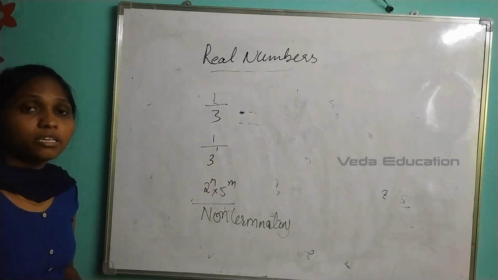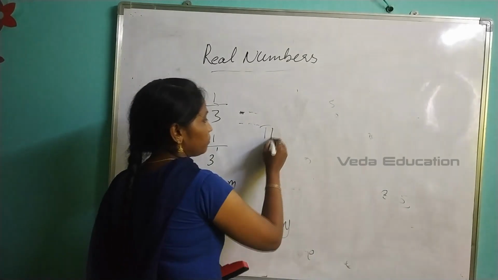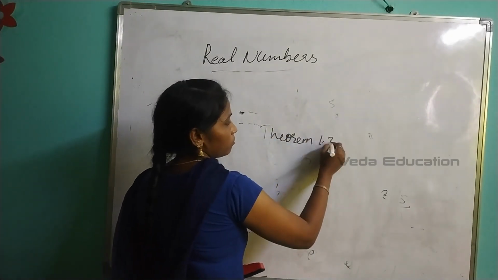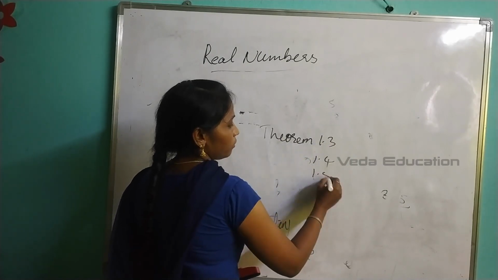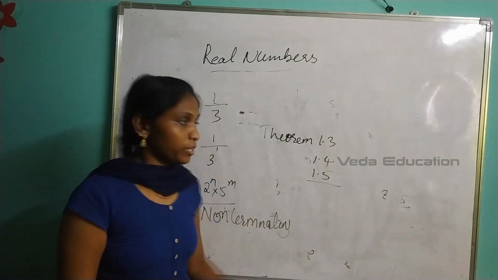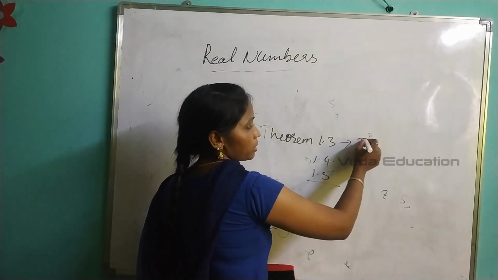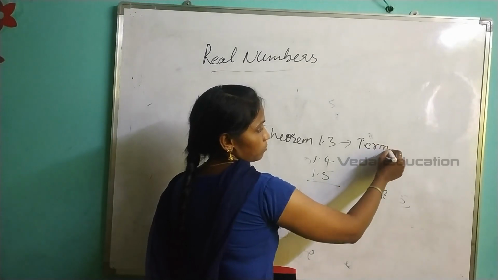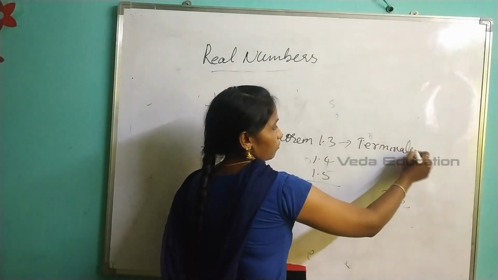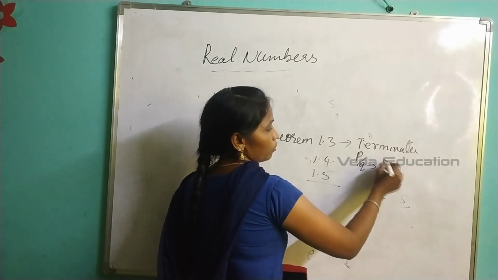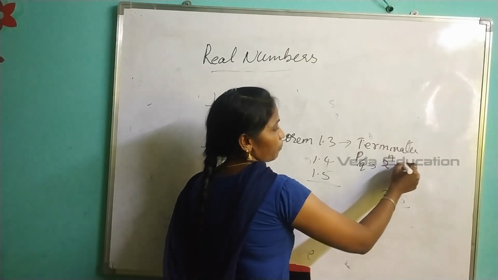These three are the statements: Theorem 1.3, 1.4, 1.5. The first statement is: if the decimal terminates, write it in the form of p by q, and q is 2 power n and 5 power m.